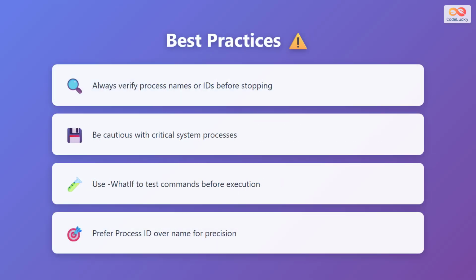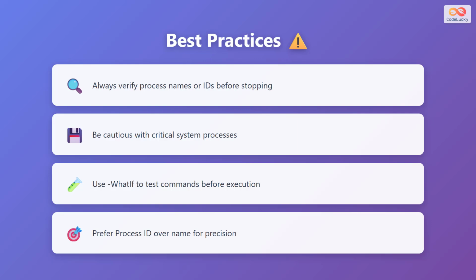Following best practices ensures safe and effective process management. Always verify process names or IDs before stopping them to avoid accidentally terminating the wrong application. Use Get-Process to list running processes and confirm your targets. Be extremely cautious with critical system processes, as stopping them can cause system instability or data loss.